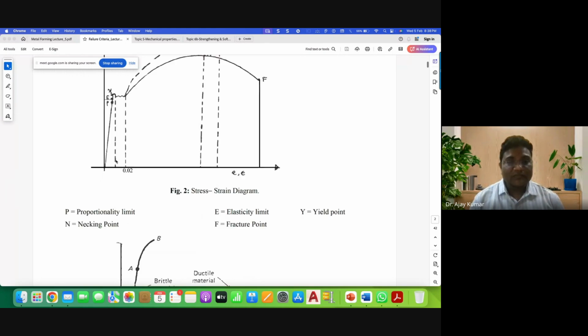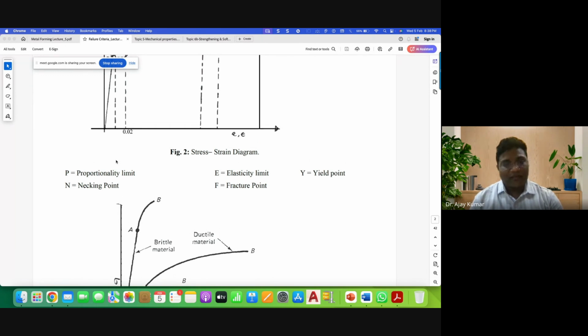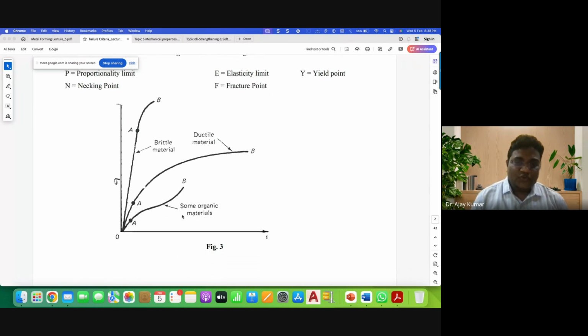So you have the proportional limit, the elastic limit, yield point, necking point, and fracture point. Basically, this picture shows the behavior of the brittle material. This is the behavior of the ductile material and some other organic materials. This is the typical behavior.